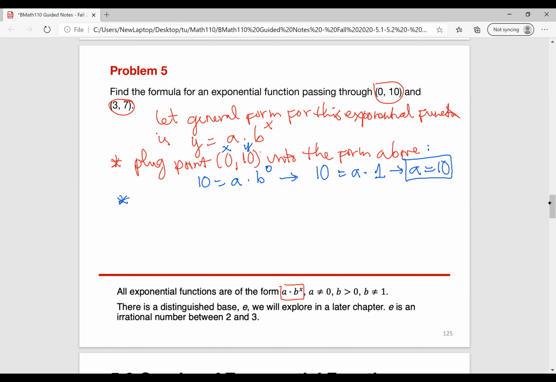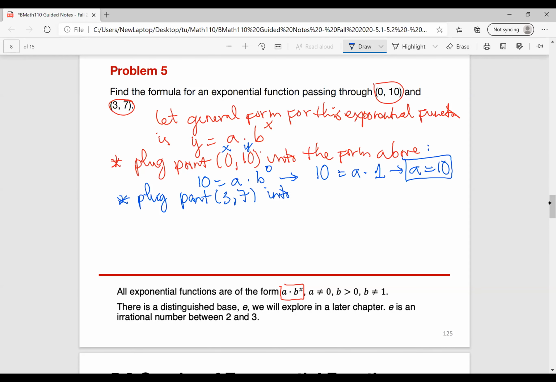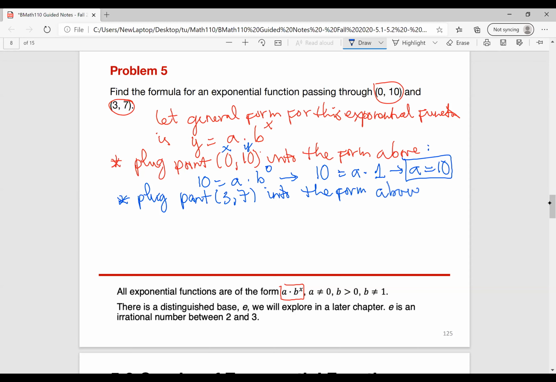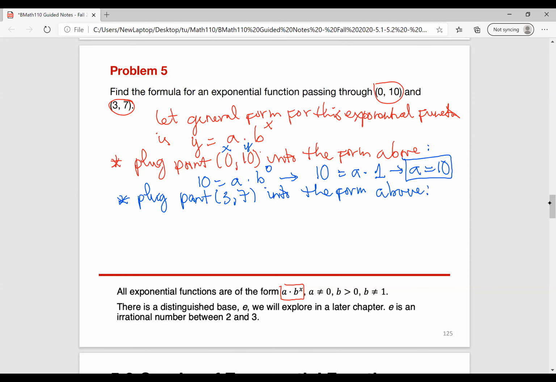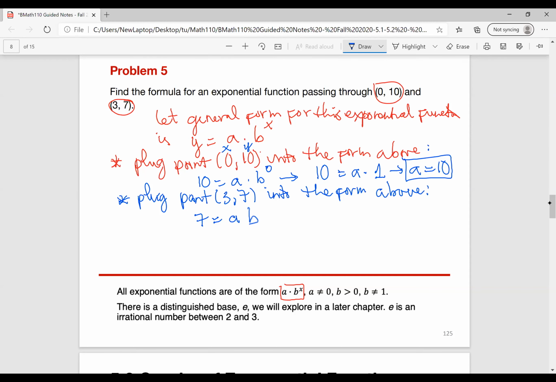So the next step is you're going to plug in the second point, right? What is the second point? (3, 7), into the general form above. Now 7 is y and 3 is x. So 7 equals a times b to the power 3.